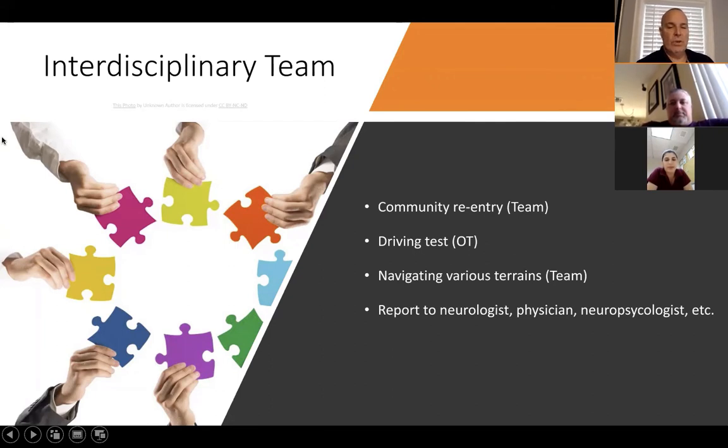In some of the ways that we also facilitate the improvement is to work in terms of a team approach by completing home evaluations, community reentry assessments, looking at how someone can navigate in a terrain that they're not used to, and being able to do that safely. By completing all of these things together, we report back to the team and use any other resources that are needed. I just wanted to give you all the opportunity to see how important the role of an interdisciplinary team and practice with that collaboration.